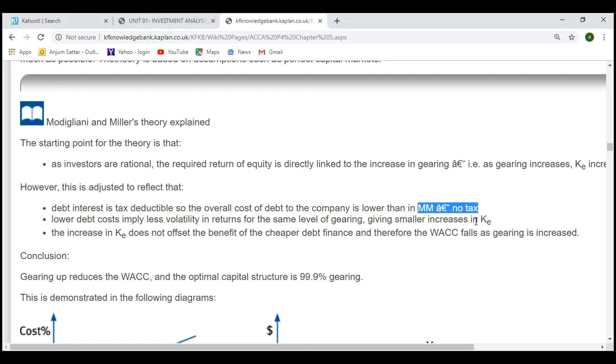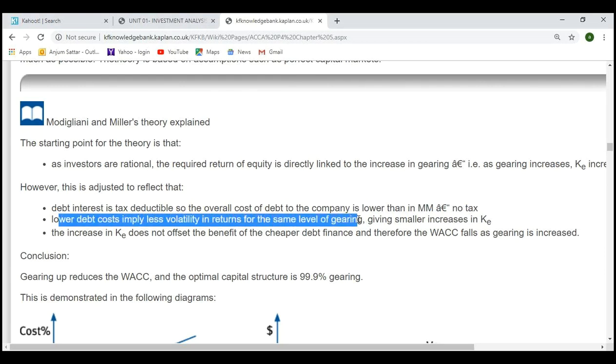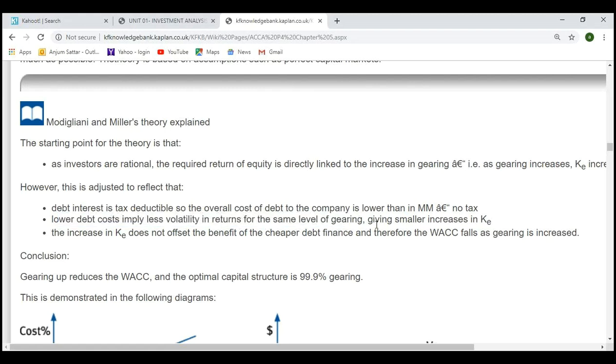Because if there is tax, say 20%, we can save on the tax. Equity, on the other hand, is not part of your debt and you can't deduct it from your profit, which is not allowable. That's why lower debt cost implies less volatility in the return for the same level of gearing, giving a smaller increase in the cost of equity.